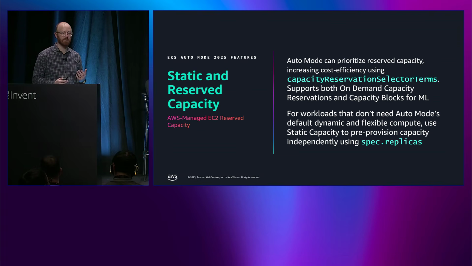This makes capacity management in Auto Mode work very differently than it does by default, in that you can tell Auto Mode that you want to have a set number of instances always running, regardless of how many pods are in the cluster or how many pods are pending, which is typically how new instances come into an Auto Mode cluster. This allows you to pre-provision capacity independently from the workloads in your cluster, and will ensure that you always have the resources you need for mission-critical applications or those that simply don't need to autoscale.